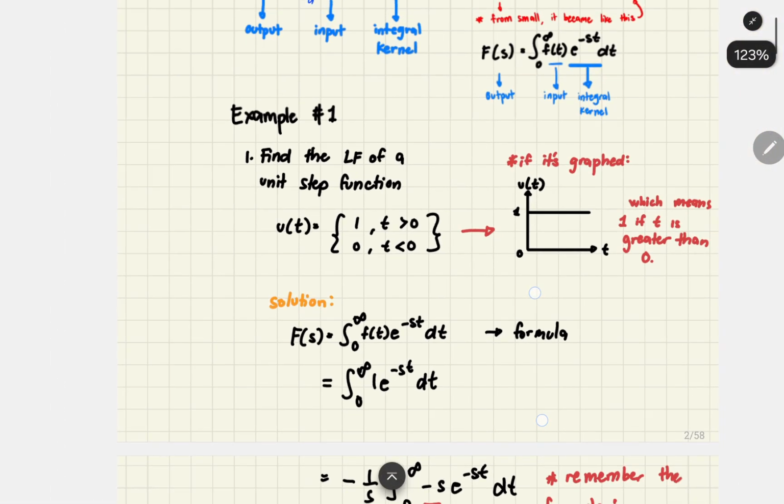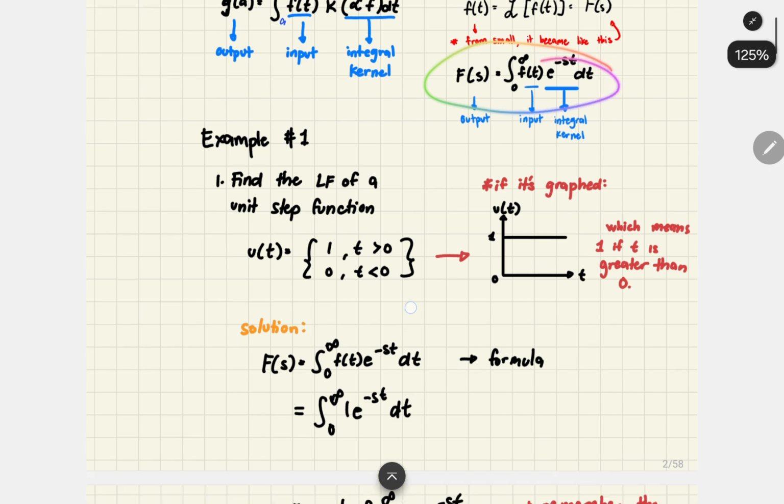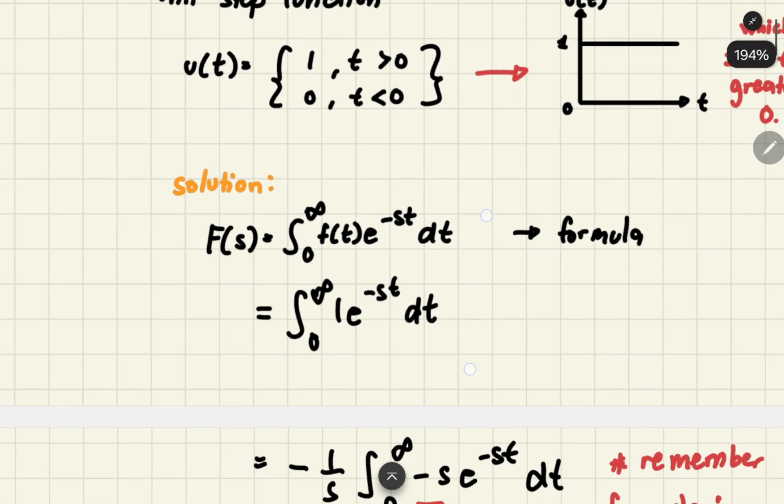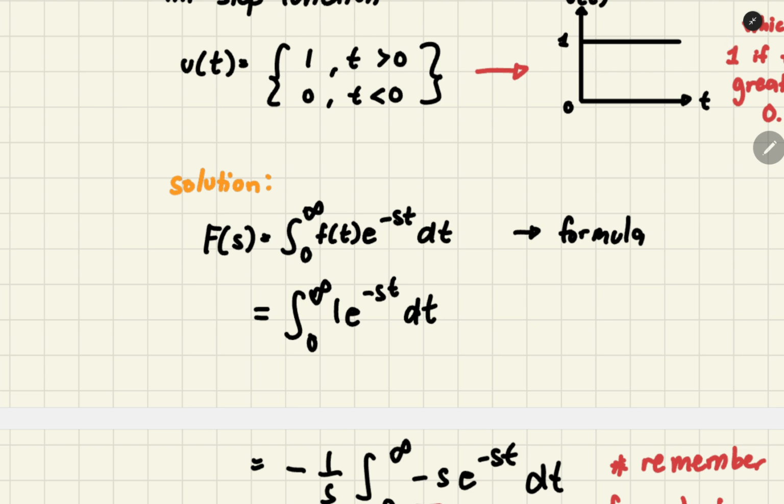So from the formula of the Laplace transform, which is this one, let us substitute the function u of t, which is equal to 1, right? So f of t becomes the function u of t, which is 1.